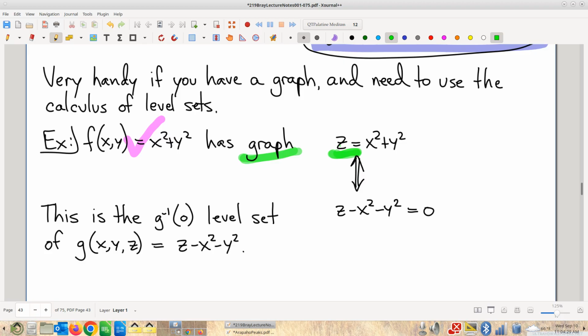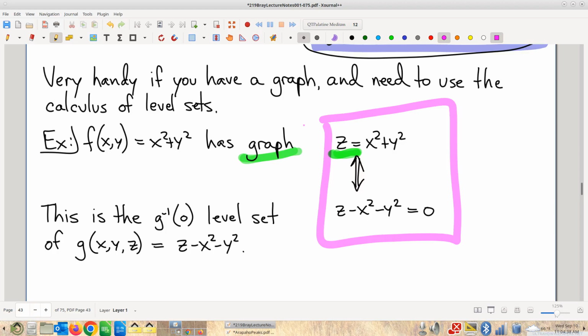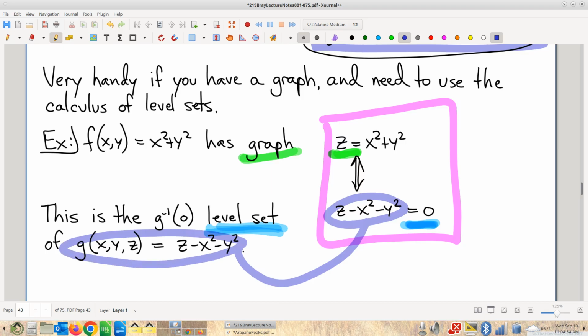Right? If I want to learn something about the graph of this function, well, you'll notice all I did here is I pulled the same exact fast one that we did up above. Nothing happened. I just moved a couple of terms around, right? But I can learn about that graph by looking at the calculus of level sets of that function G.